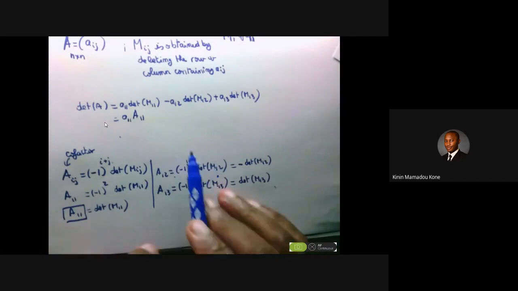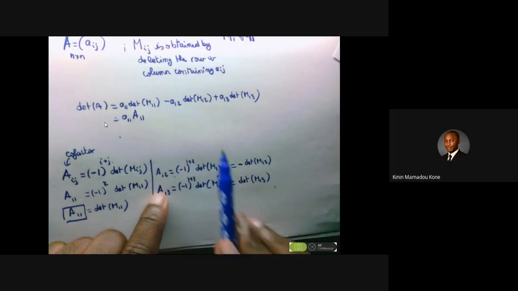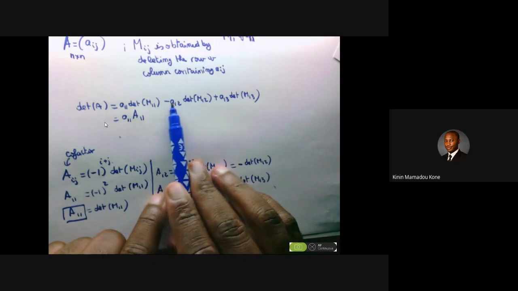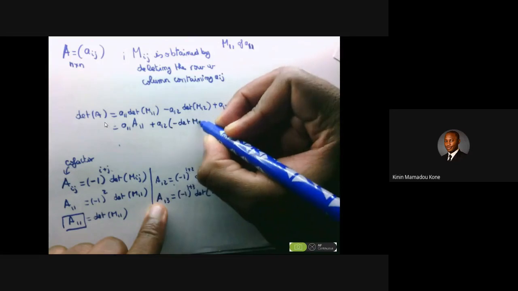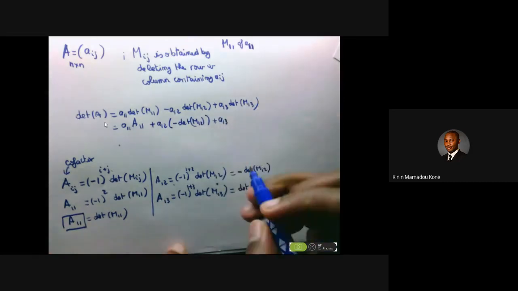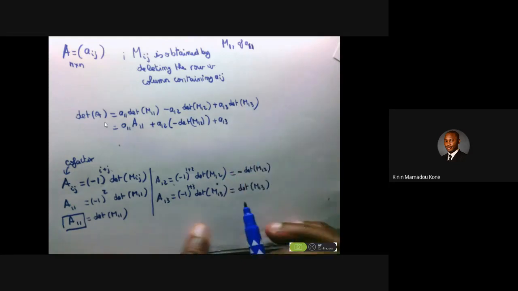Now, the second one, A12. I can see that there is a negative sign here, and the negative sign goes to the determinant of M12. So I can rewrite it as plus A12 multiplied by negative determinant of M12. I'll come back to that, plus A13 times the determinant of M13. The determinant of M13 is A13.